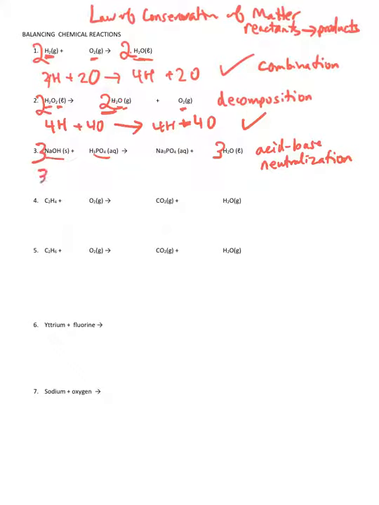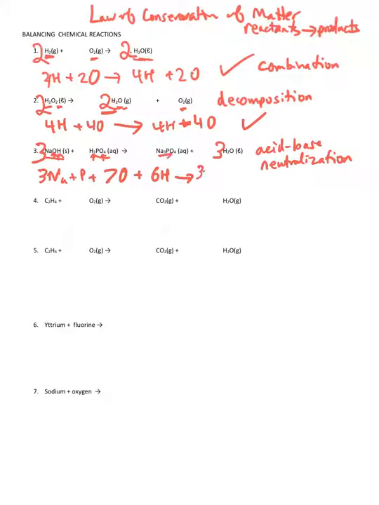So let's see what we've got. 3 sodiums plus a phosphate, plus 3 oxygens from the sodium hydroxide, plus 4 from the phosphoric acid gives me 7 oxygens. And then in terms of the number of hydrogens, I've got 3 from the sodium hydroxide, 3 from the phosphoric acid, so I've got 6 hydrogens. Let's see what we have on the product side.